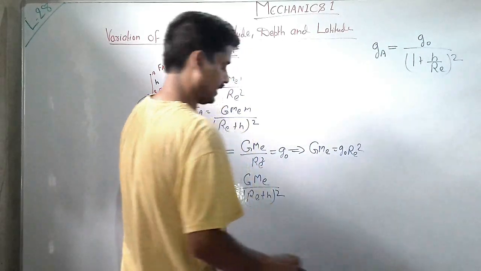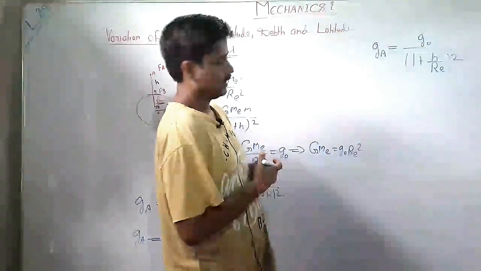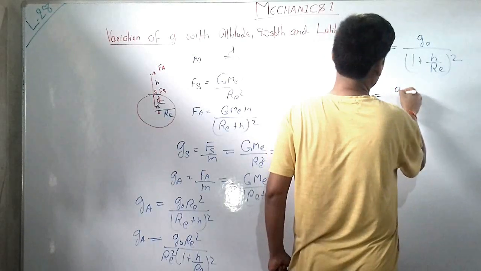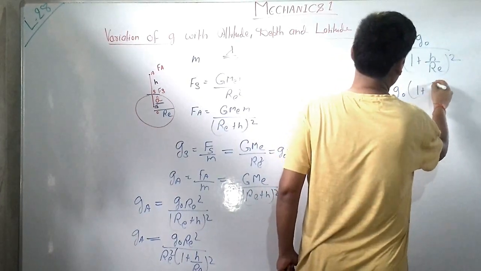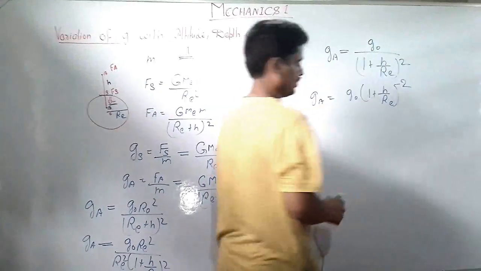Now we can write this equation as Ga is equal to g naught (1 plus h divided by R_e) to the power minus 2.